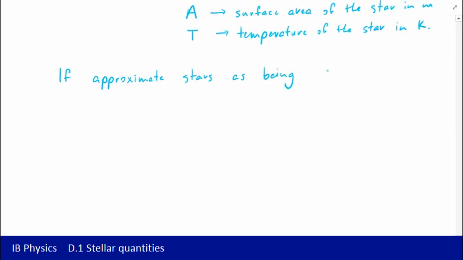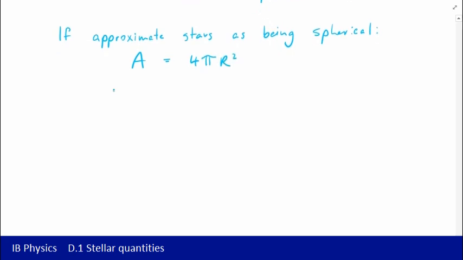The area is then given by the equation 4 pi r squared, the surface area of a sphere. If we substitute that in for area, we get L equals 4 pi r squared sigma T to the power of 4.